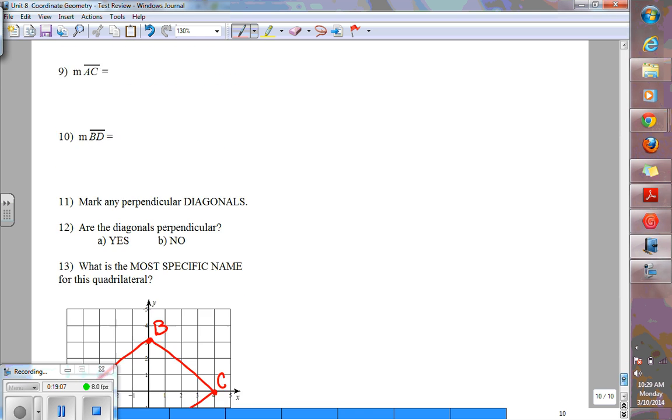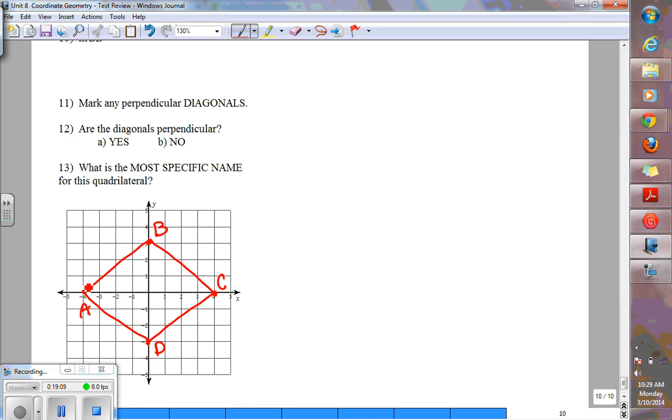Okay, the last problem. I want to find our slopes. I'm going to draw my slope triangles here. I've got 3, 4. Okay, my rise is negative 3. I'm going down 3. My run is positive 4.